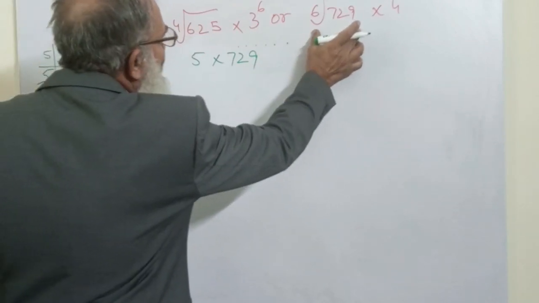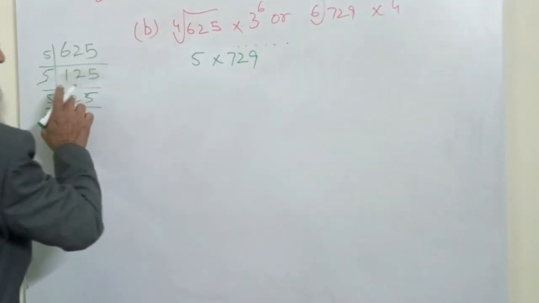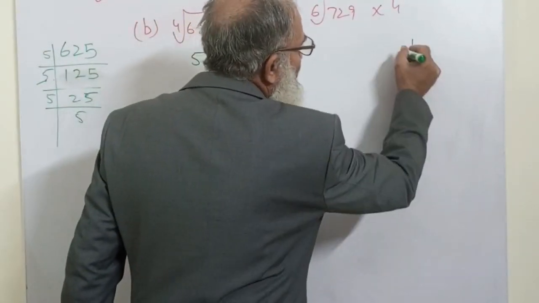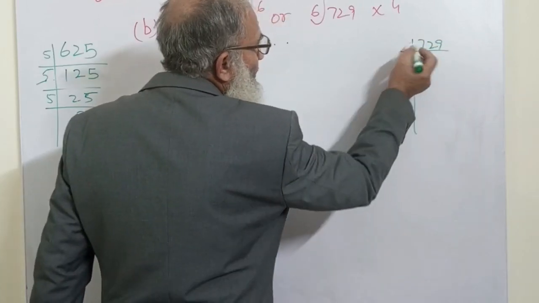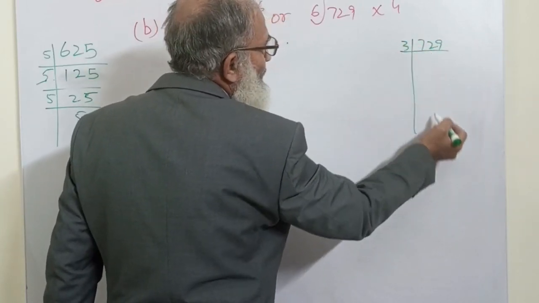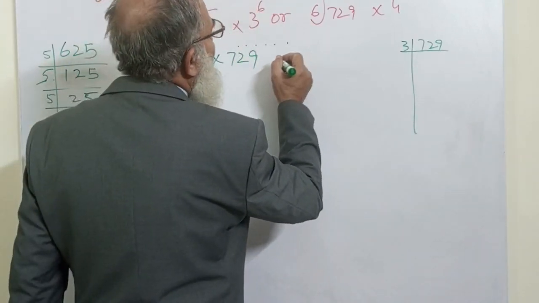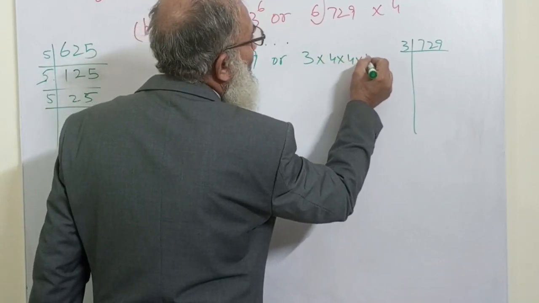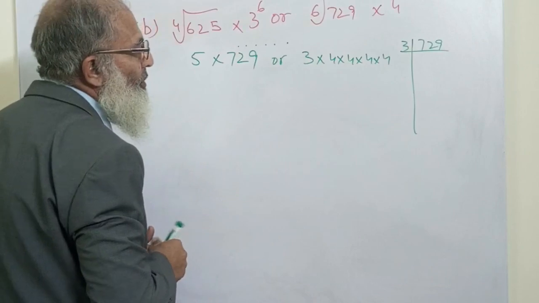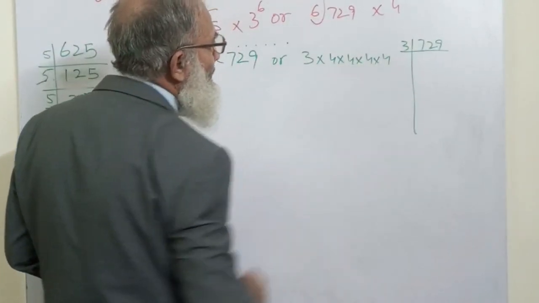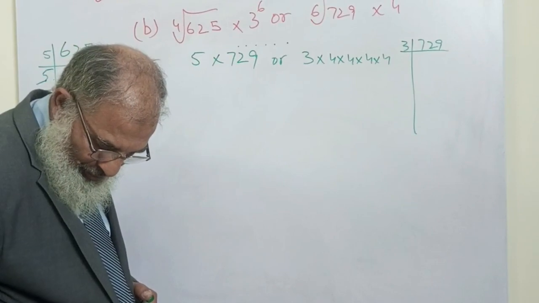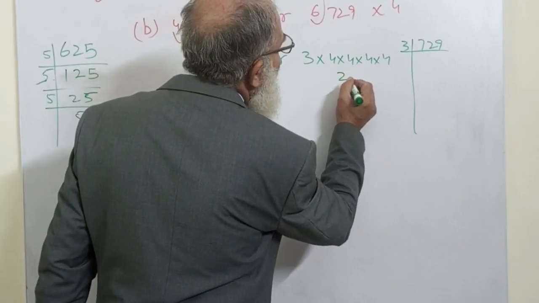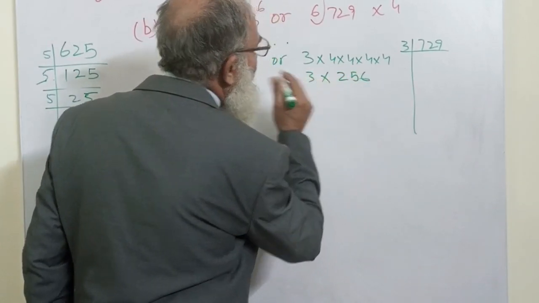Again, find the sixth root like this. So it will become 3, I know, or 3, and 4 times 4. So 16, 16, 16, 16 gives 256 multiplied by 3.